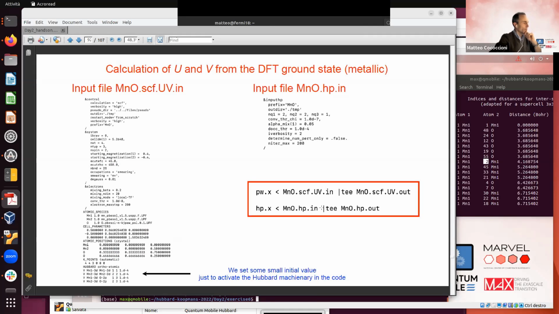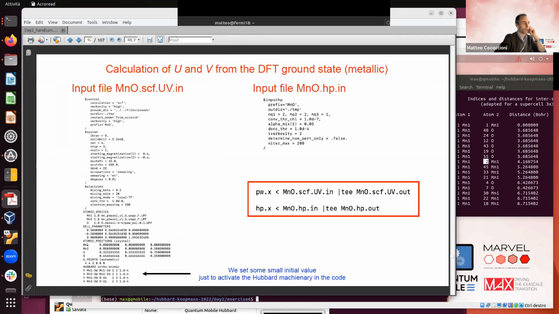I'm afraid that something is missing. Oh, here the slides are suggesting to use a very small value for the U and Vs. Now, of course, that's possible to do, but if you do that, the code will probably run this as a metallic system, and it will take longer to run the HP calculation.